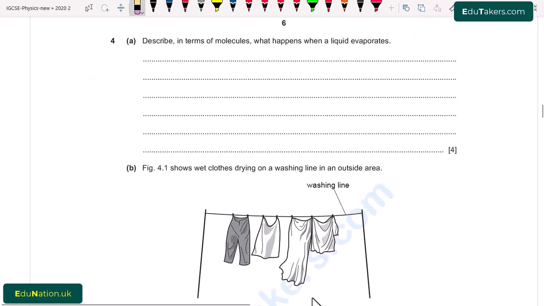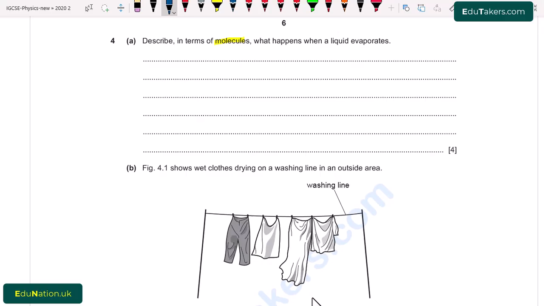Question number 4. Describe in terms of molecules what happens when a liquid evaporates. So first of all we have to know about evaporation. The escaping of the molecules from the surface of a liquid is known as evaporation.